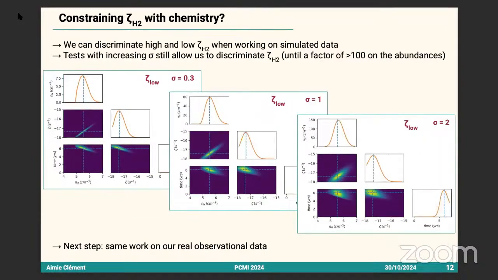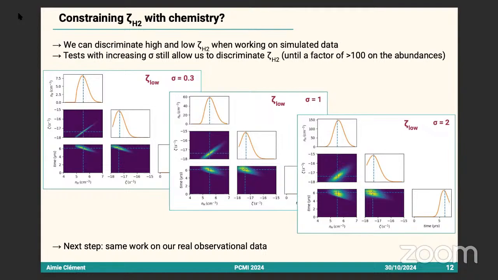As I said, we are able to discriminate between the two zeta values on simulated data, but we did that for a low uncertainty on the abundances. We did that for a value of 0.3, which means a factor of 2 on the abundances. We tried it for a factor of 10 on the abundances, and we see that it still works.